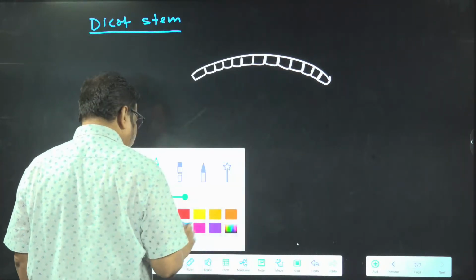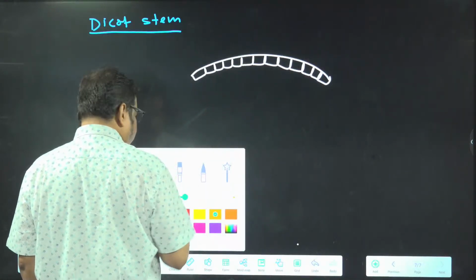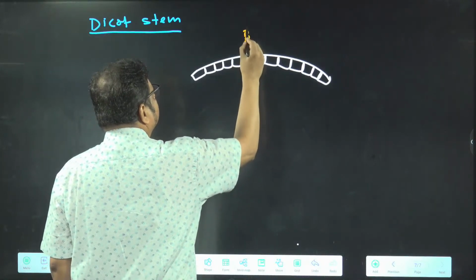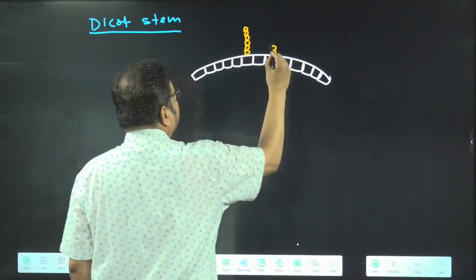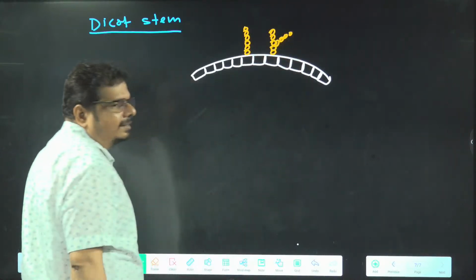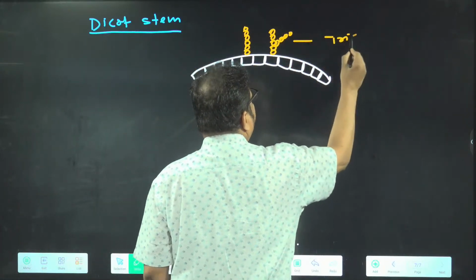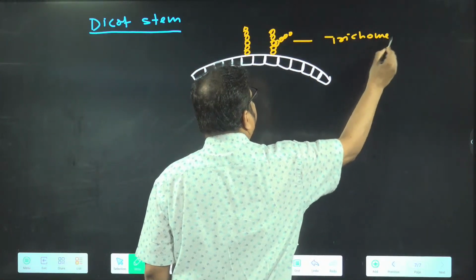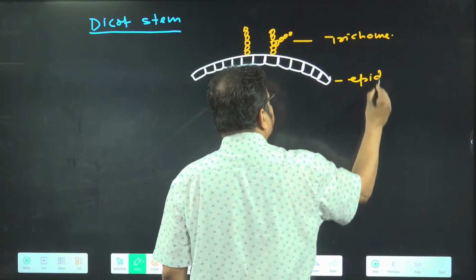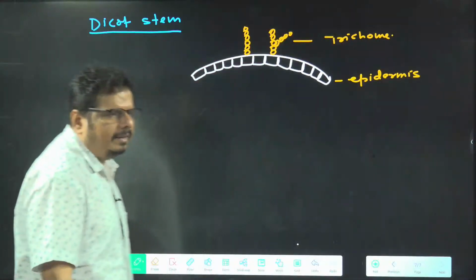And here you will also find multicellular stem hairs, either branched or unbranched, and this is called trichome. And this is the epidermis. Is it clear in the mind?